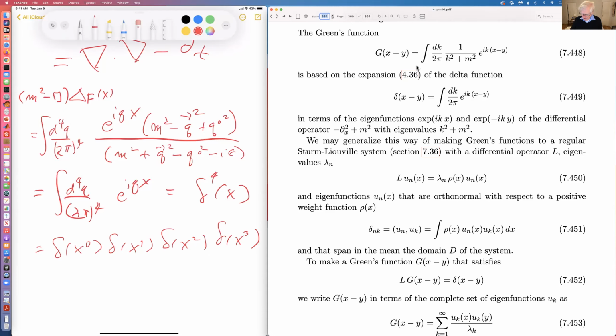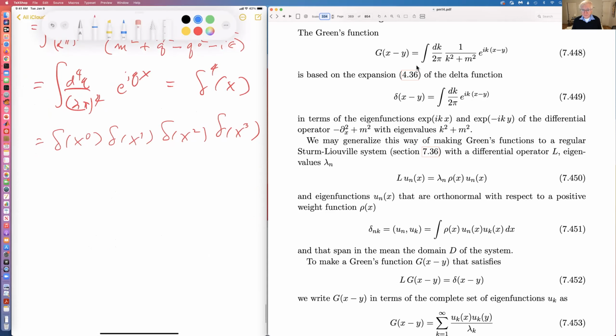In other words, let's switch to blue. What's being said here is that minus d^2/dy^2 plus m squared acting on e^(±iky) equals (k squared plus m squared) e^(±iky). So these things here are eigenfunctions of this differential operator with these eigenvalues.